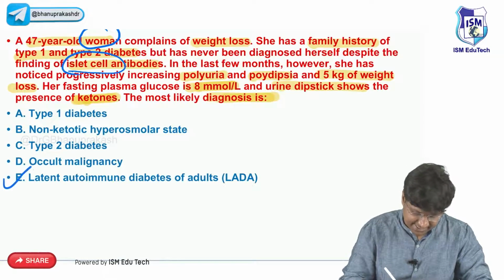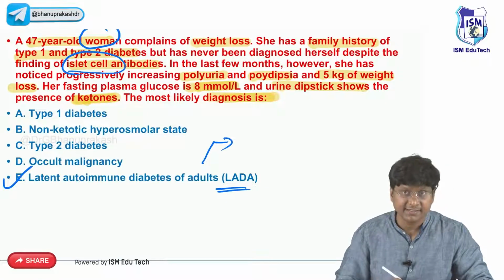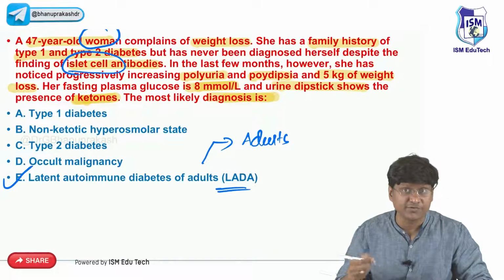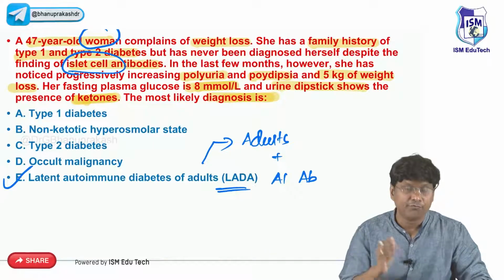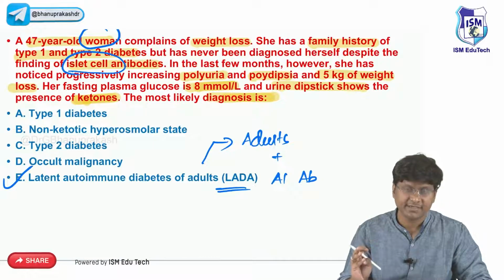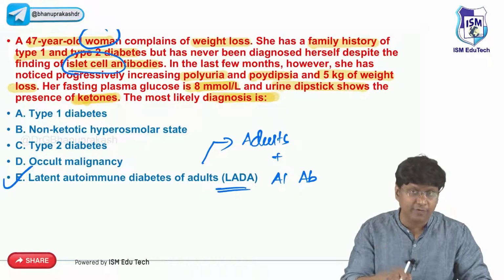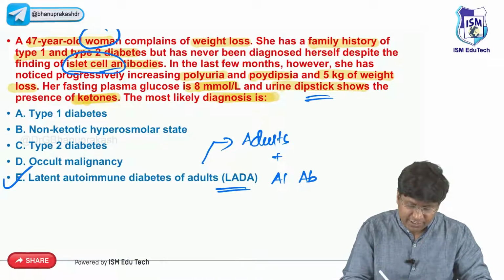It is LADA, latent autoimmune diabetes of adults. So what exactly is LADA? It is the one which is seen in adults, and in these patients you have autoimmune antibodies. A 47-year-old woman, right? Until a certain point of time there is no diabetes, but after 47 years of age you notice that there is hyperglycemia and antibodies are also there.